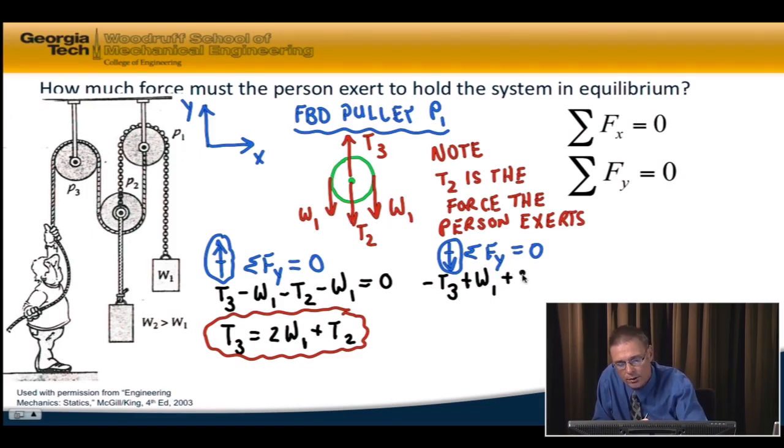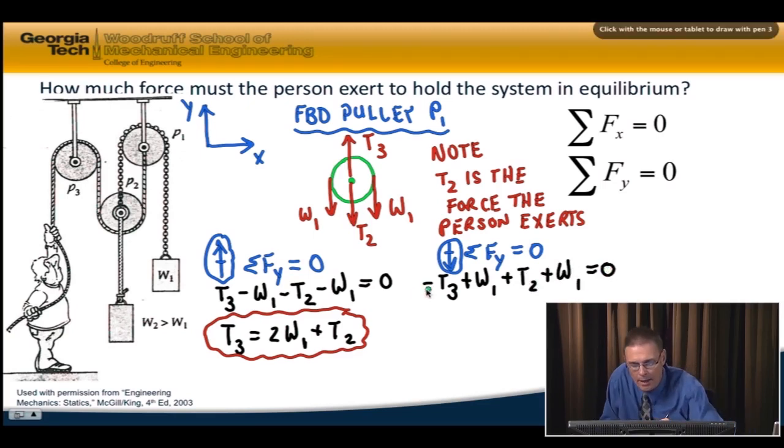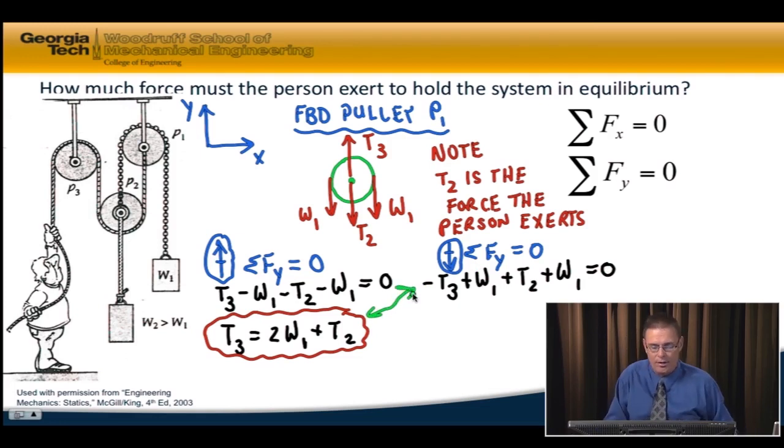T2 is down, so that's plus T2. W1 is down, so that's plus W1 equals 0. And you'll note that if I carry T3 to the other side and add the W1s together, these two equations are exactly the same. So you get the same result regardless of the sign convention that you arbitrarily chose to assemble the equation.